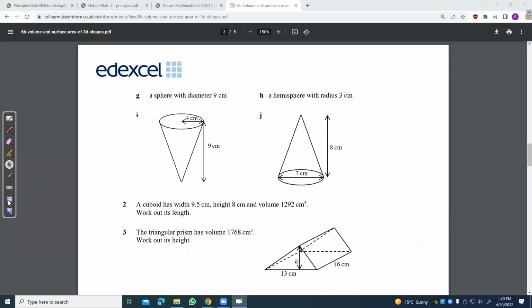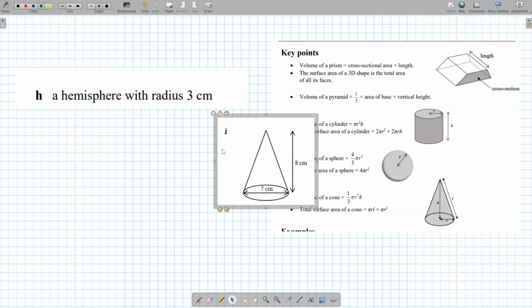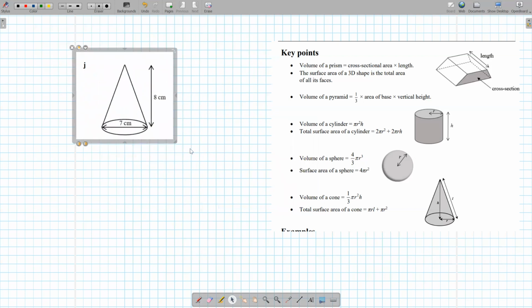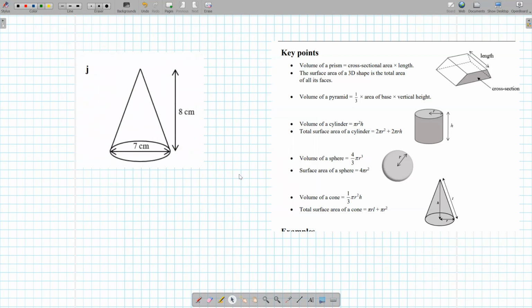Let's look at a cone, like an ice cream cone. What's the volume of this shape? 1/3 times pi radius squared times height.